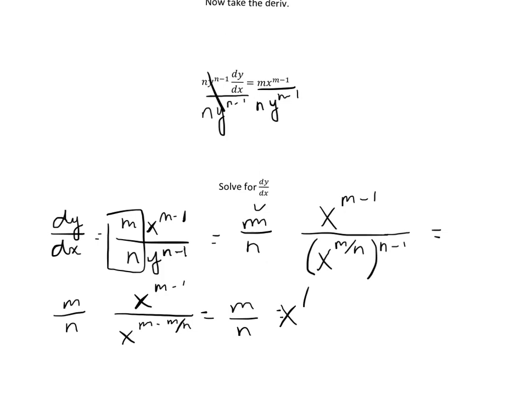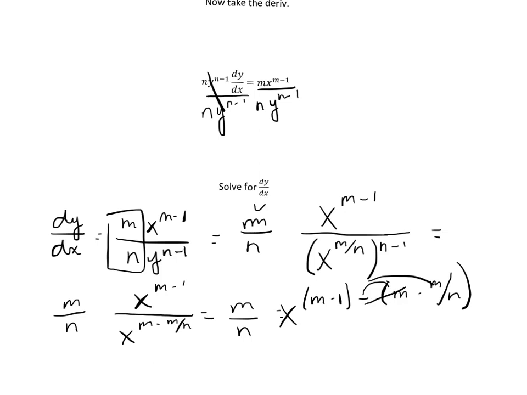I think you could see that when you distribute the minus sign here, I'm going to get a minus m and then a plus m over n.